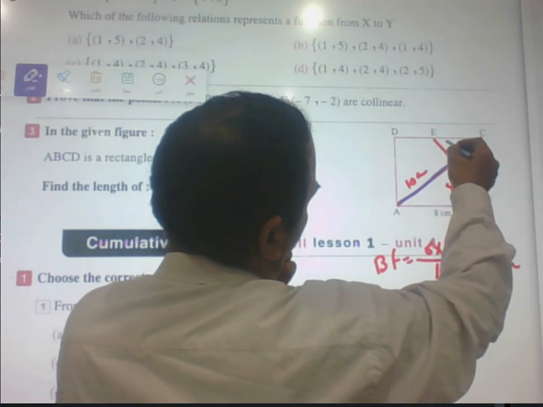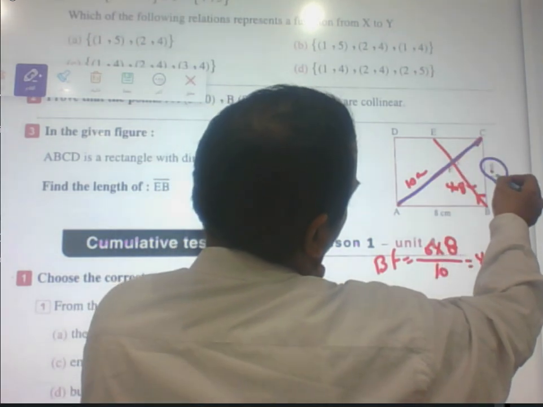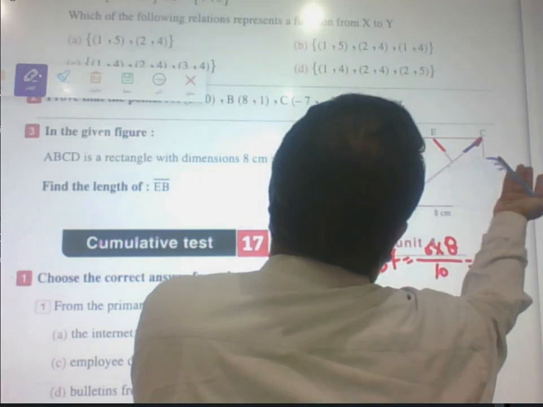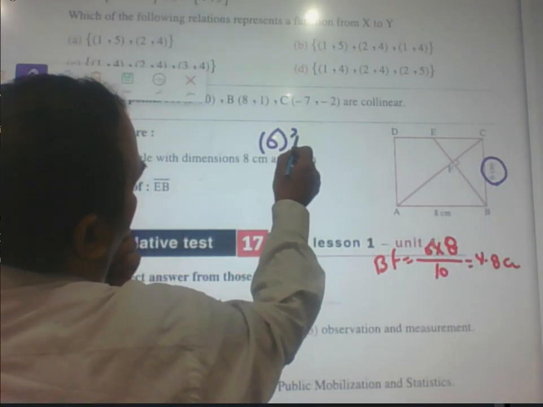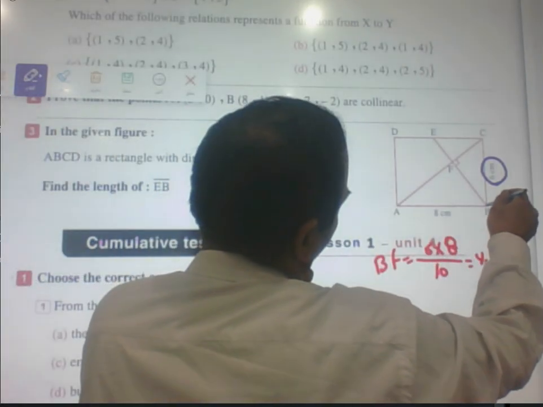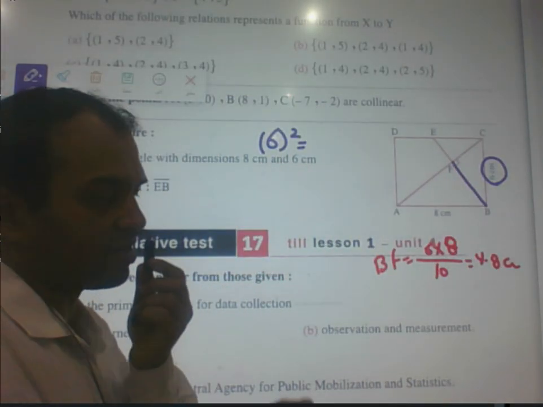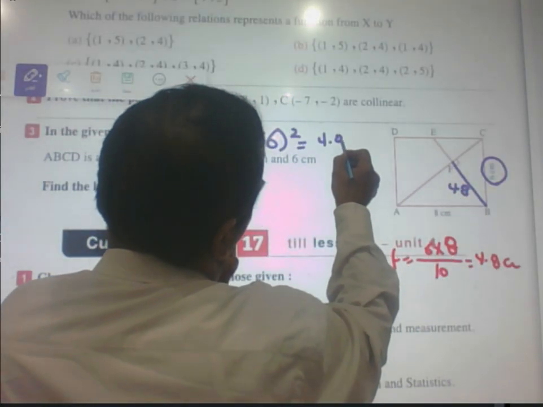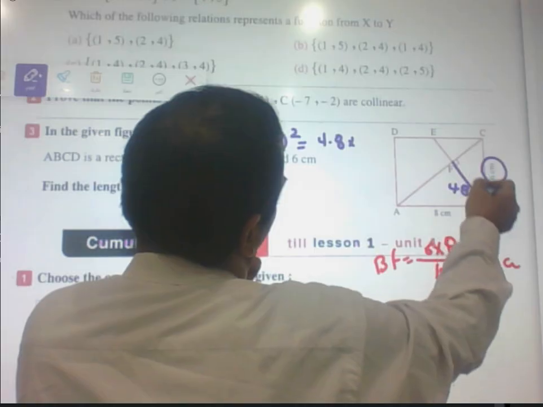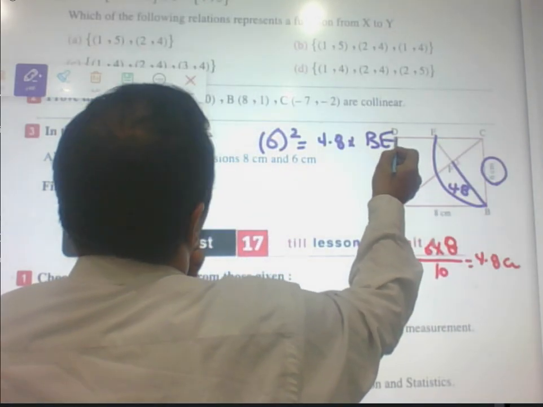Now I want to find the length from Euclid's theorem. 6 power 2, we have this line segment of 6. Then 6 power 2 is equivalent to FB, which was 4.8, multiplied by the length here, BE. We want to find the length of BE.